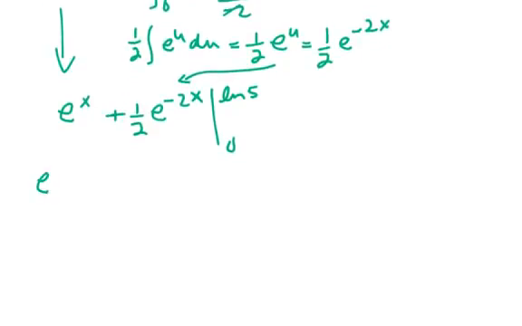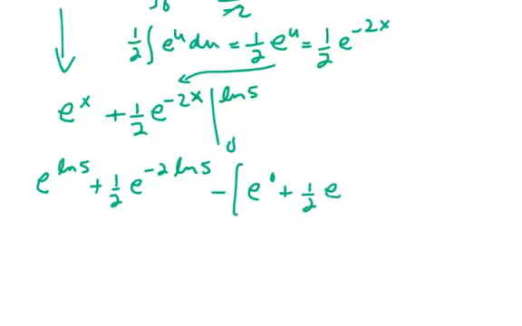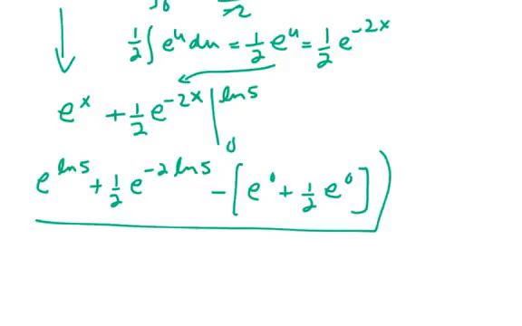So e to the ln of 5 plus 1/2 e to the negative 2 ln of 5, minus e to the 0 plus 1/2 e to the 0, substituting in 0 for x. So we're left with this algebra to resolve in order to get an answer.